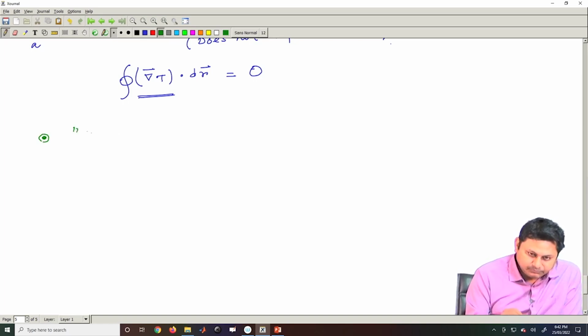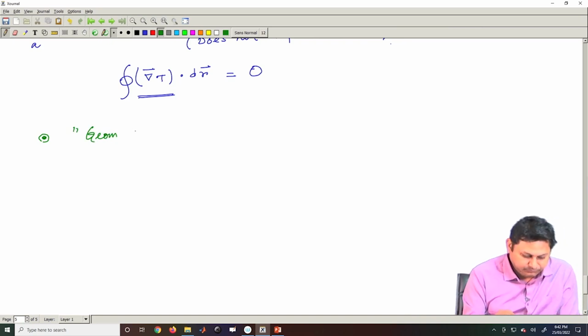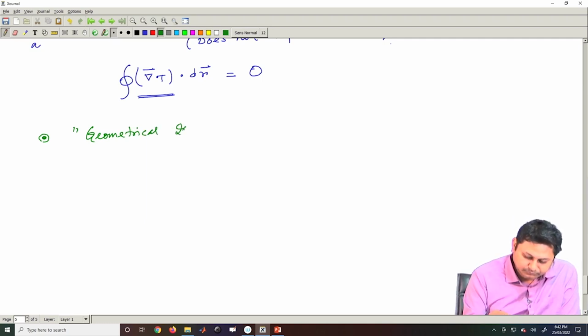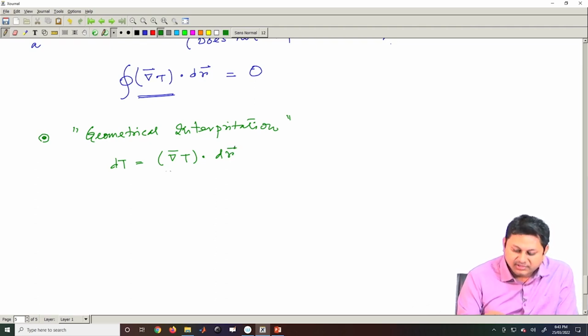So, the geometrical interpretation. dT is equal to, I am having this quantity, which is nothing but a dot product.